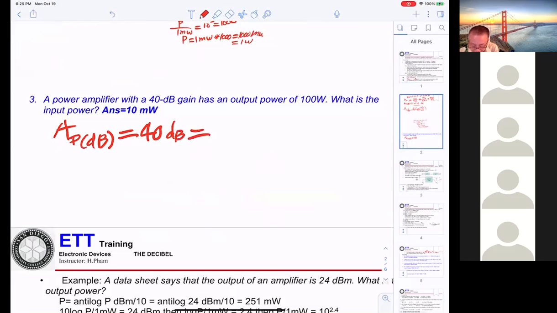And the formula for A_P dB will be 10 times log of P out over P in, and that equals 40.